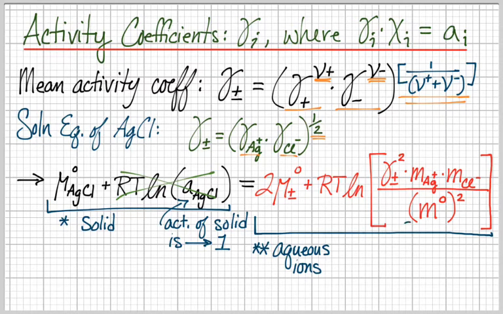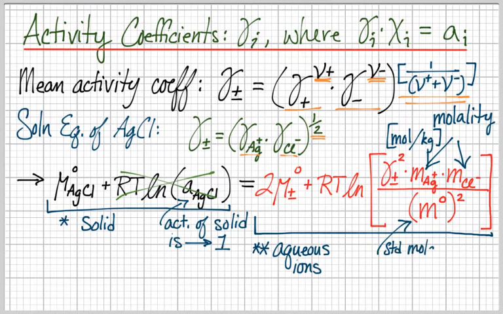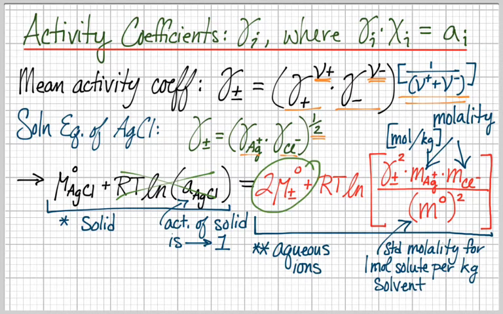This would be the concentration in terms of moles per kilogram of silver ion and chloride ion. And we normalize that to a standard molality solution for 1 mole of the solute per 1 kilogram of the solvent. In this case, the solvent, of course, would be water.